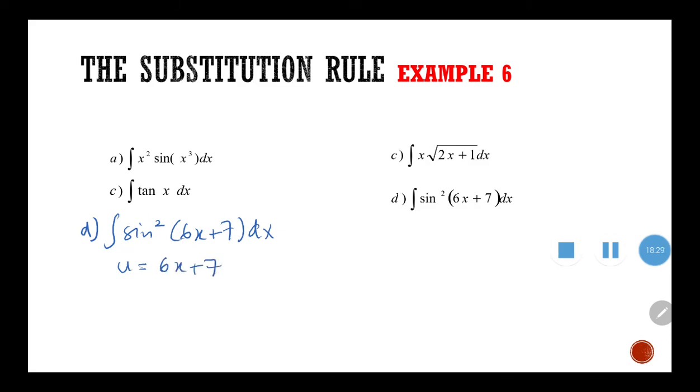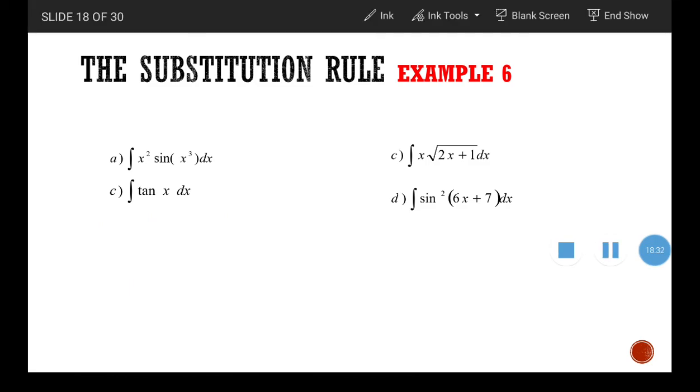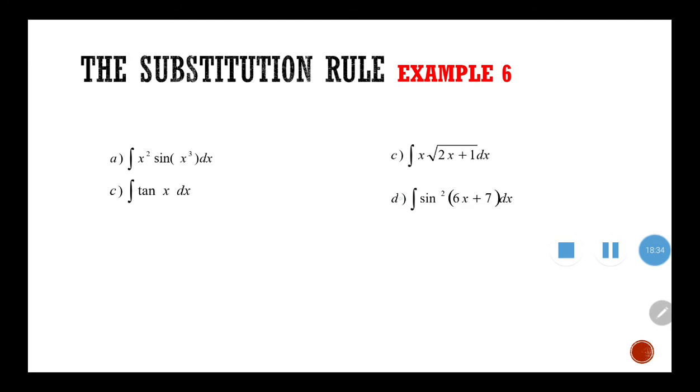Okay, sorry class, for D just now I said let u equals 6x plus 7. Disregard this one. It is not suitable if you let u equals 6x plus 7.